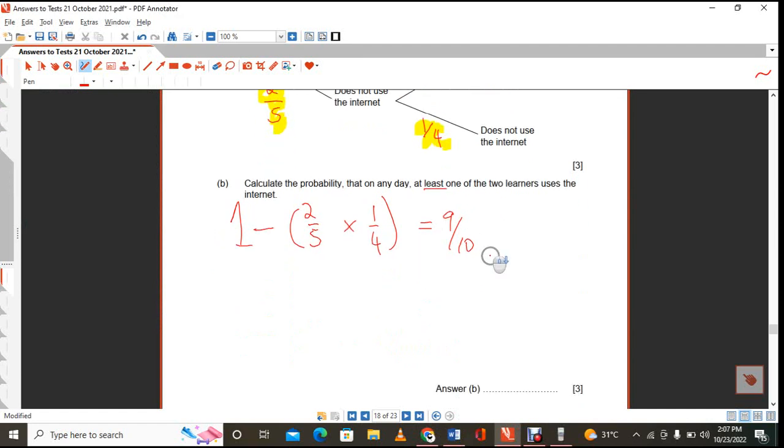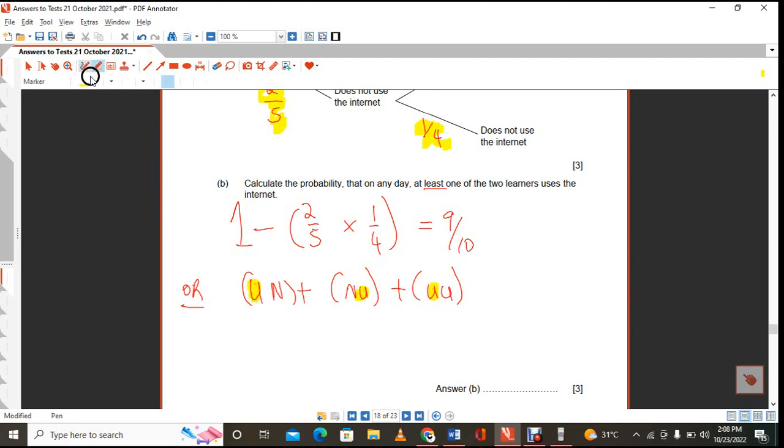Another way, obviously, is a longer way. You can say, let's say I'm going to use U for using, and using and not using plus not using and using. So once I'm writing them like that, you will see that there's at least one scenario where somebody is using.